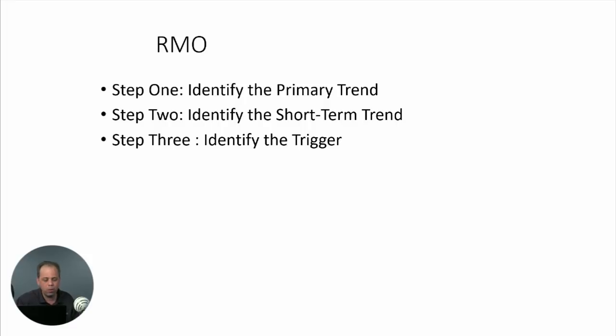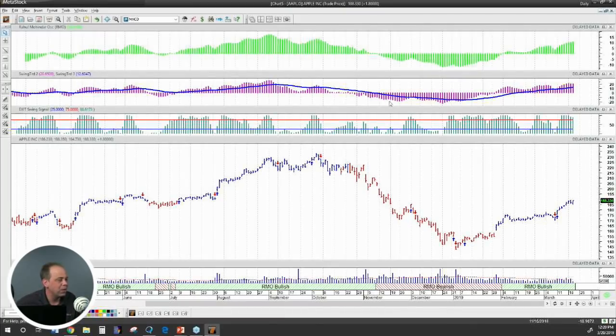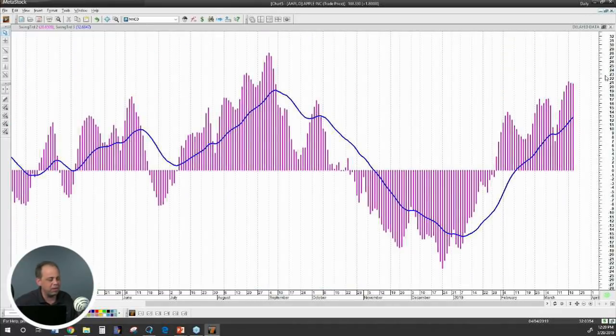So it's a great question, Thomas. Let's go ahead and go back into MetaStock. We use the intermediate term trend a little bit differently than we use the primary and short-term trend, and I'll cover that as well. We're going to go back to these two sets of indicators. So this blue indicator is actually, Thomas, to answer your question, the intermediate term trend.